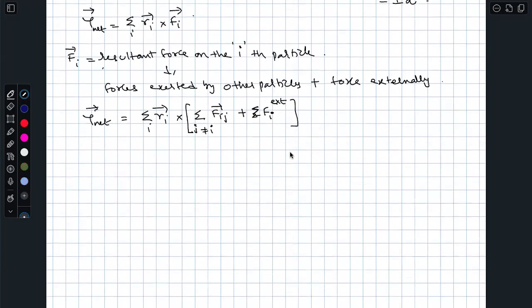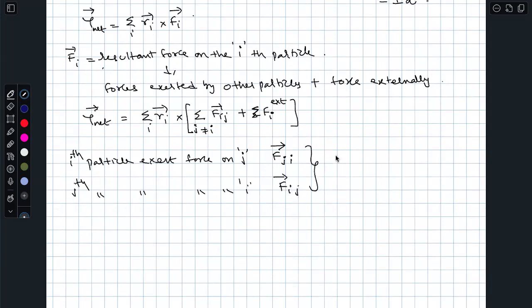If the ith particle exerts force on j, we will call it F_ji. If the jth particle exerts force on i, we will call it F_ij, but they are internal forces. Action plus reaction is 0.